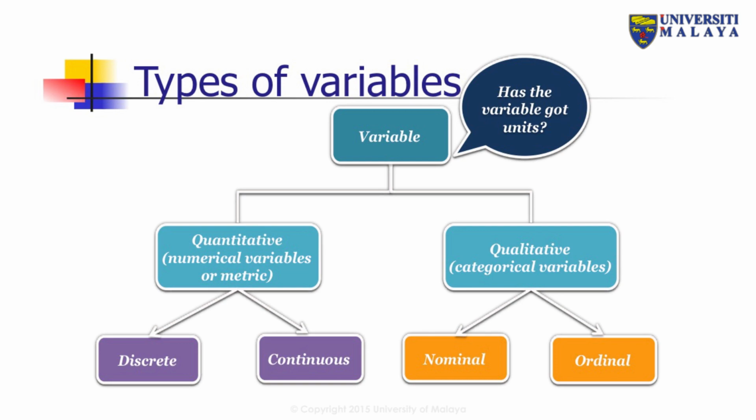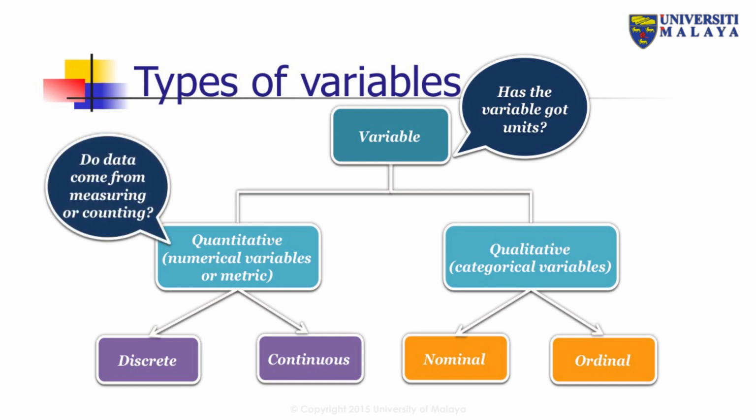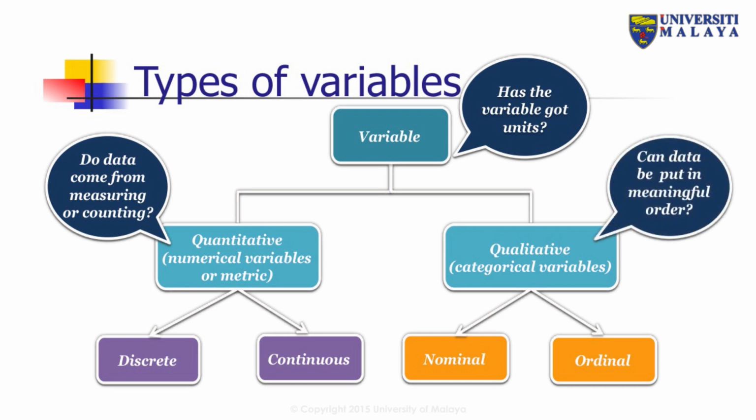If the data has no unit, it would be qualitative data. If the quantitative data is obtained by counting, it will be known as a discrete data. And if it is measured, the data is a continuous data. On the other hand, for qualitative data, if it has no particular order, it would be nominal data, and vice versa would be an ordinal data.